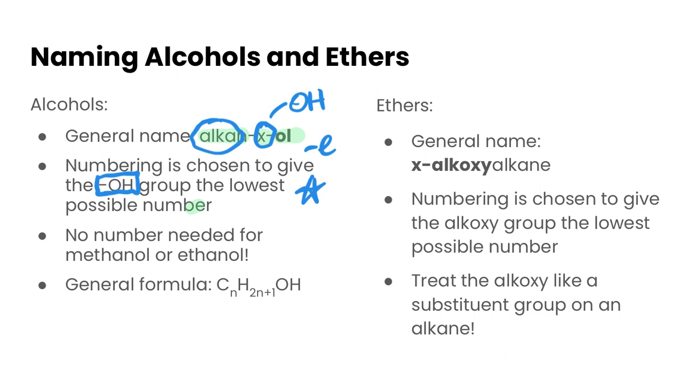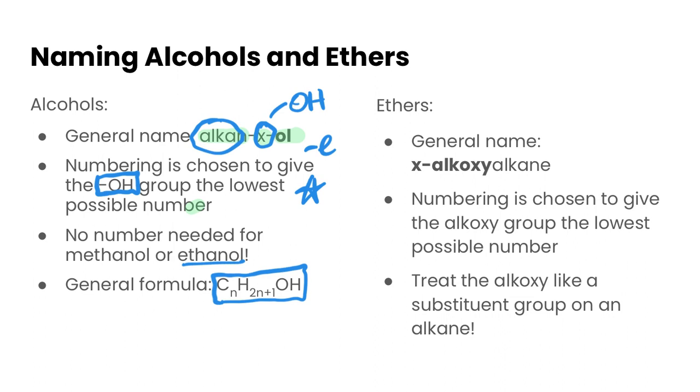There's no number needed for methanol or ethanol because the hydroxyl group can only appear at that particular carbon, so it's a little bit redundant if you add the number in there. The general formula for alcohols is CnH2n+1OH.